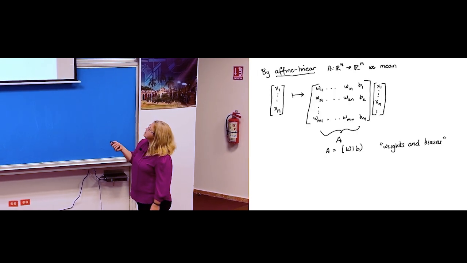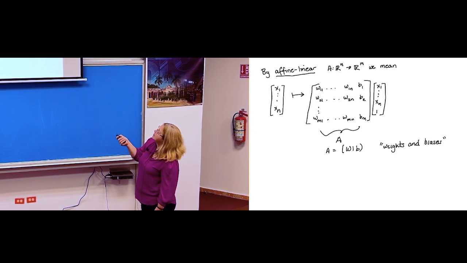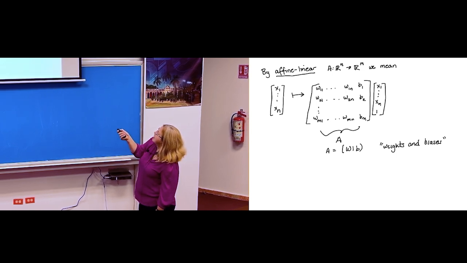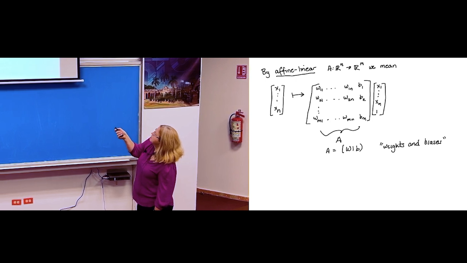Oh, so I wanted to clarify what I meant by affine linear. By an affine linear map from one space to another space, I just mean something that takes a vector and has a bias vector.